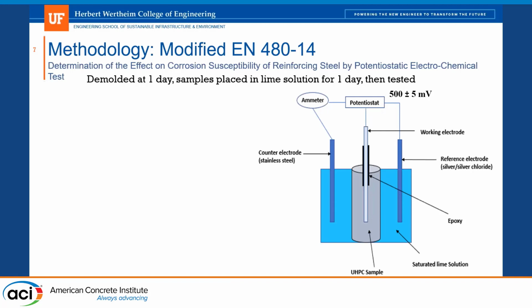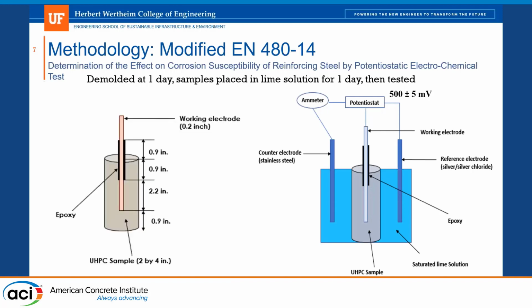This method is meant for determination of the effect on corrosion of reinforcing steel by potentiostatic electrochemical test. So here is what our sample looks like. We are using a UHPC sample, 2x4 inch, and the working electrode is a strand wire from pre-stressing steel, and we are using epoxy at the top here just to prevent any crevice corrosion.